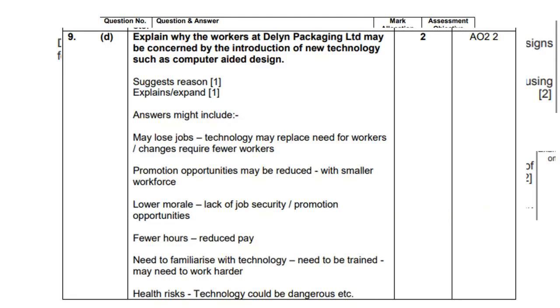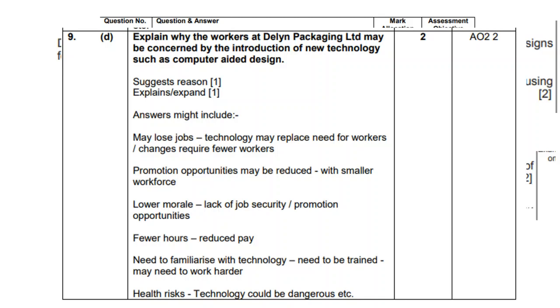Low morale because of lack of job security. Are they worried about whose job is next? Fewer hours, therefore you're going to have a reduced rate of pay. Maybe you need to familiarise yourself with technology, therefore you need to be trained. And then health risks, so technology could be dangerous and things like that.